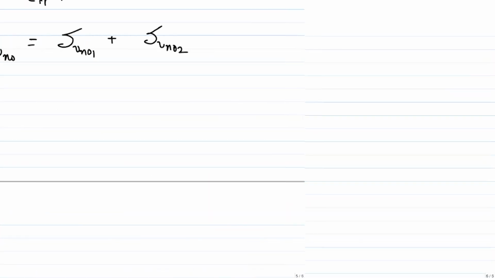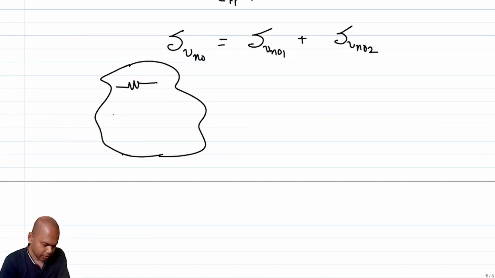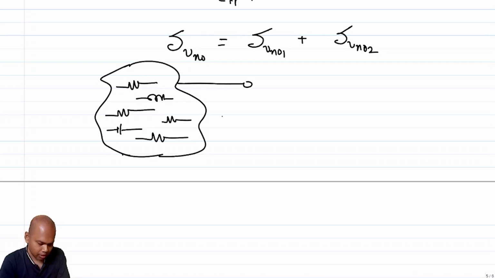I'm not breaking the ports out, but let's say I have a network with n different resistors and inductors and capacitors and so on, and here I am taking the output. What would be the method that I would follow?